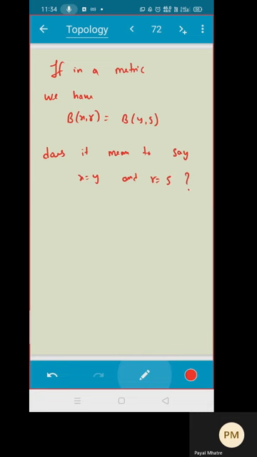Yeah, Shreyas. Sir, again we use the discrete metric. Again, the discrete metric. Give me examples. So we take B(x, 2) and B(x, 3). Even if x is equal to y, r is not equal to s, and the balls are equal.